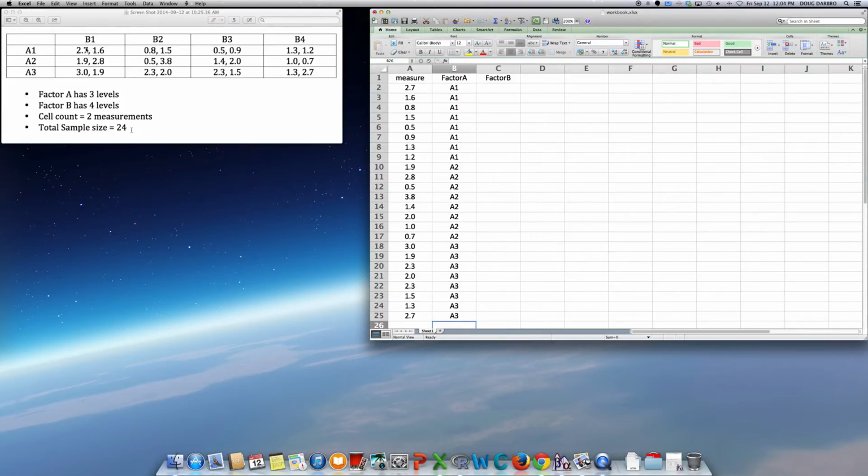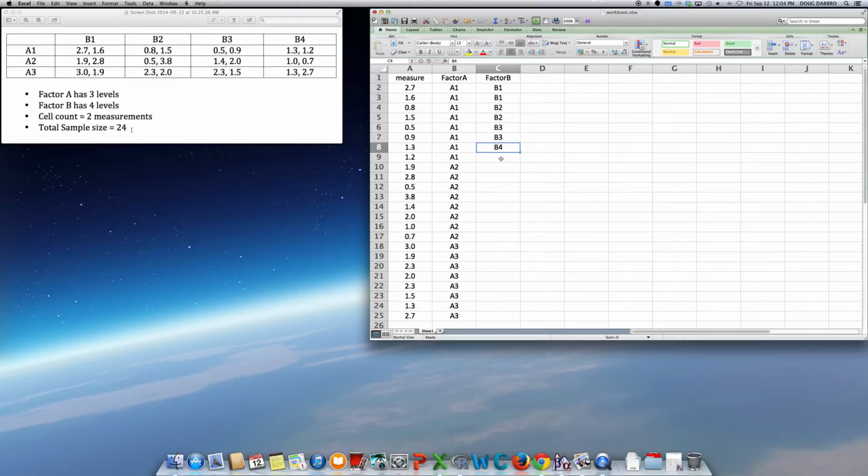Now, what we have to notice in the B measurements is the first 2 came from B1. The next 2 measurements came from B2, next from B3, and the next from B4. Now I'm going to copy and paste that.